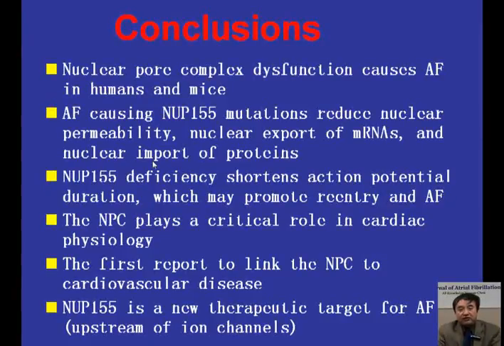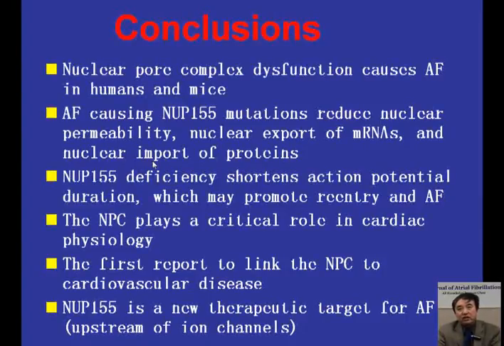Loop155 deficiency shortens action potential duration, which may promote re-entry and atrial fibrillation. So we can conclude that the nuclear pore complex plays a critical role in cardiac physiology. And this is the first report to link the nuclear pore complex to cardiovascular disease and to cardiac physiology.